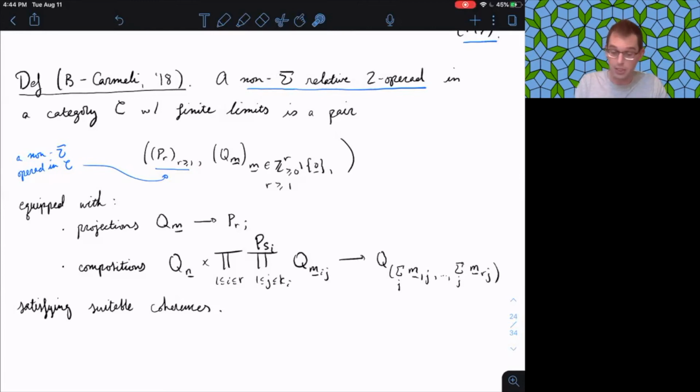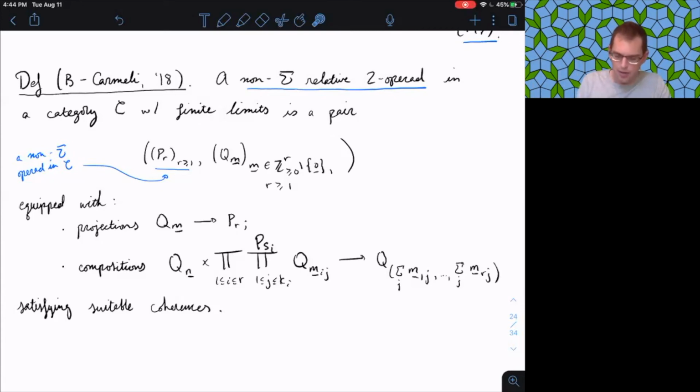a bunch of things called Q sub m, indexed by the same kinds of things as the 2-associahedra, sequences of non-negative integers, which are not all zero. And what we require is that there are projections from Q sub m down to P sub r, where r is the length of m, akin to the projection from a 2-associahedron to an associahedron.